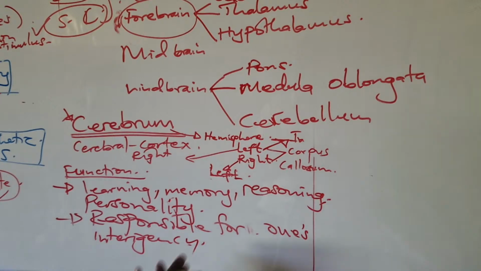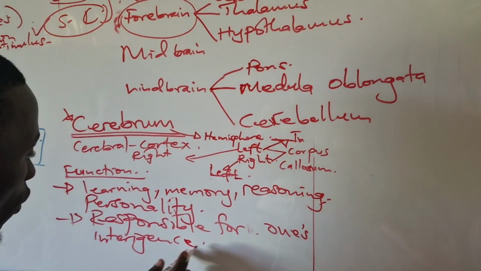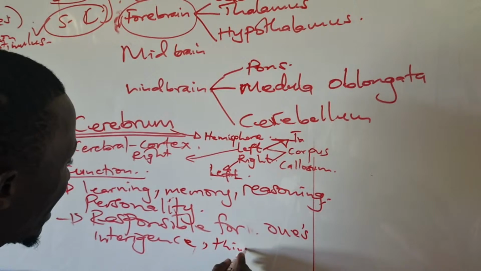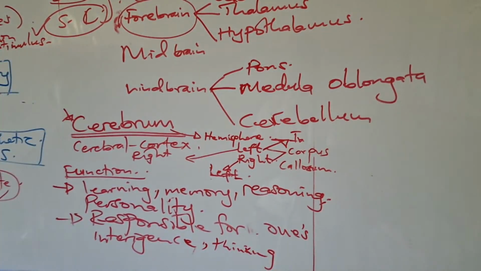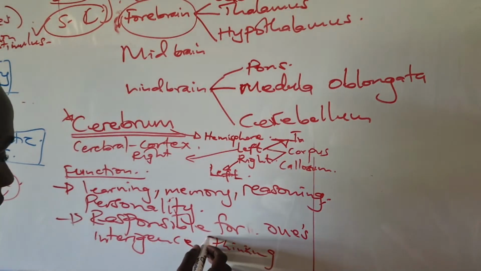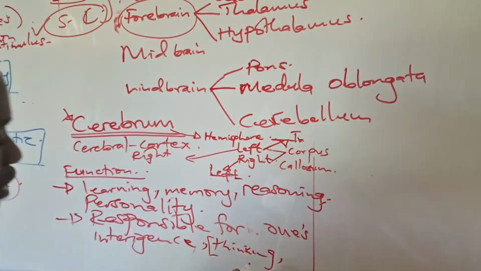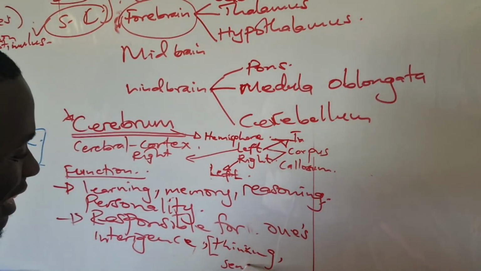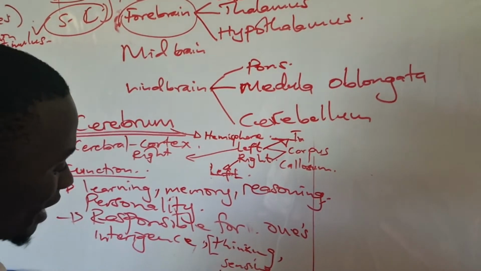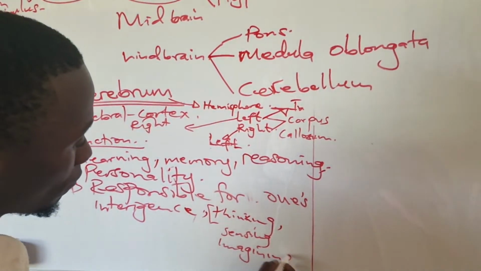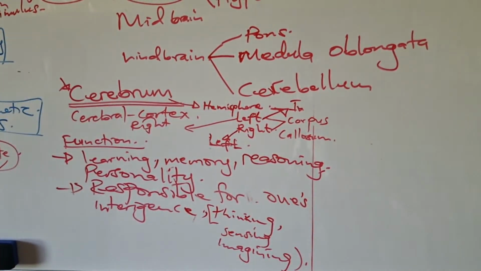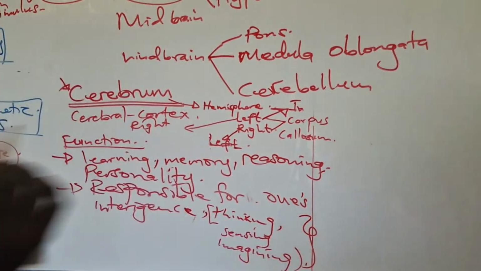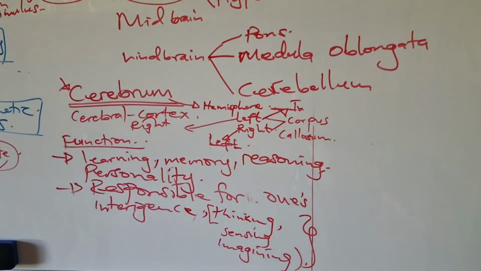And when I talk of intelligence, I'm talking of thinking, sensing something and imagining. I talk about the degree of thinking, sensing, and imagining. All of these actions are a result of the functioning of the cerebrum.